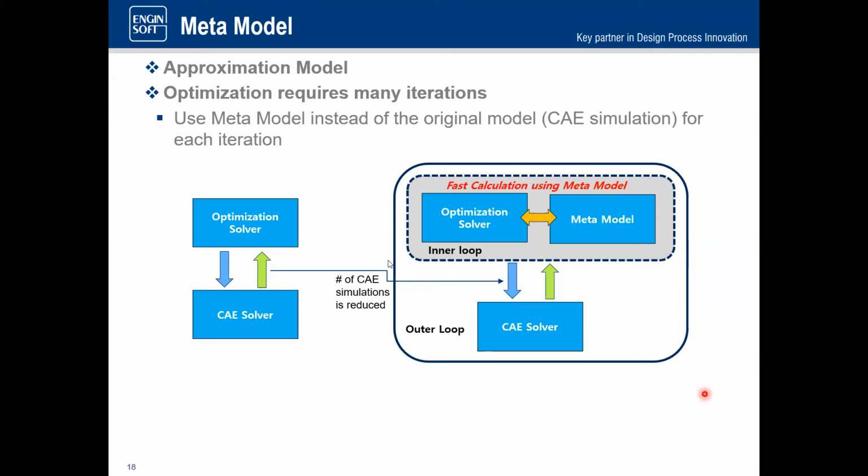But if it's not within tolerance, then it says, okay, fine, I will use the additional information from that new Recordine run, and then I will create a new meta model, which is very fast to do, and then I will calculate a new optimal point. And it will continue to do that until the predicted behavior is within tolerance of the actual behavior.